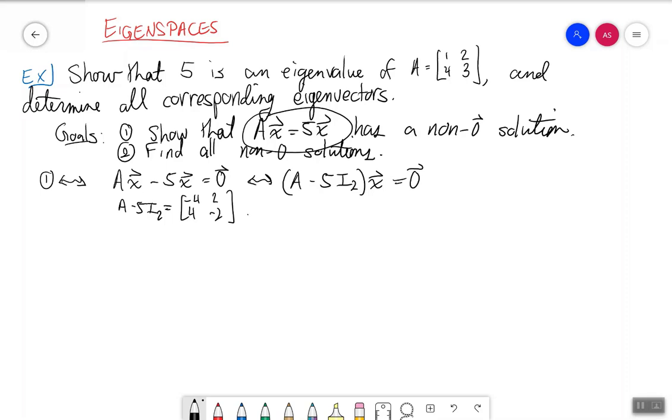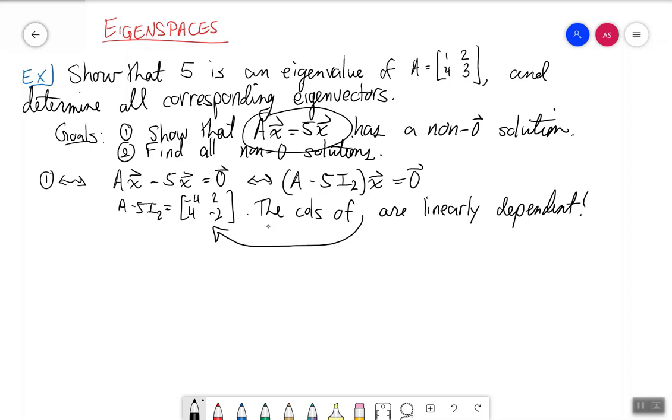And we notice that the columns of this matrix are linearly dependent. So by the theorem, the system A minus 5I2 times x equals 0 has infinitely many solutions.